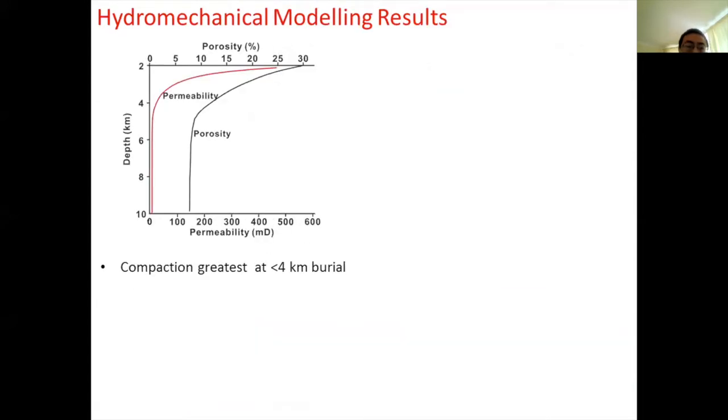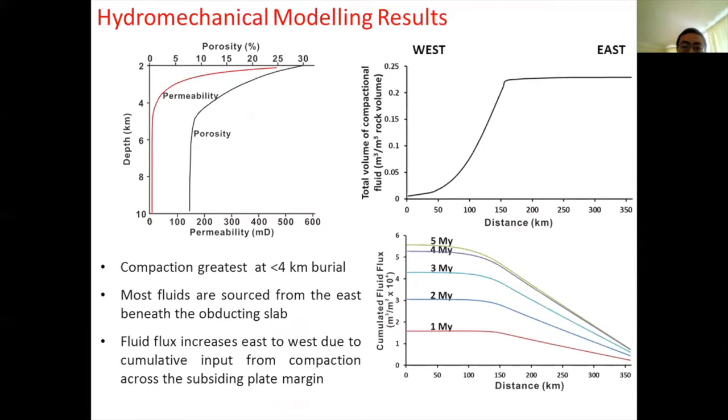The hydromechanical result shows that the compaction occurs mostly at less than 4 kilometers burial. Most of the fluid came from the east beneath the obducting slab, but the total fluid flux increased from east to west during the cumulative input from compaction across the subsiding plate margin.